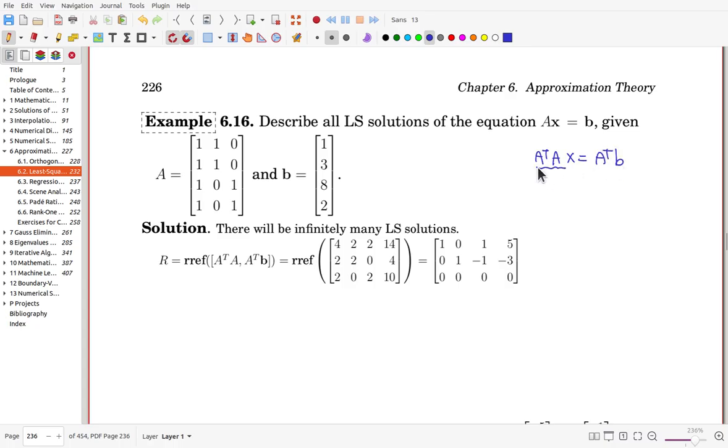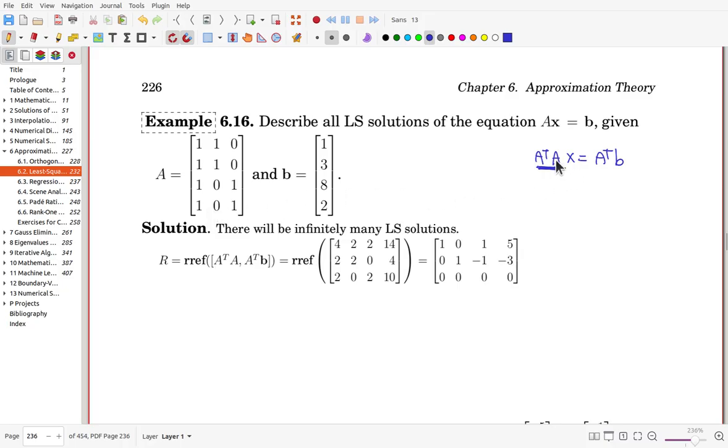If we want to get a unique solution, A transpose A must be invertible, which is the same as the columns of A being linearly independent. Let's see the columns. If we add these two columns, it becomes the first column, which means the columns of A are not linearly independent.